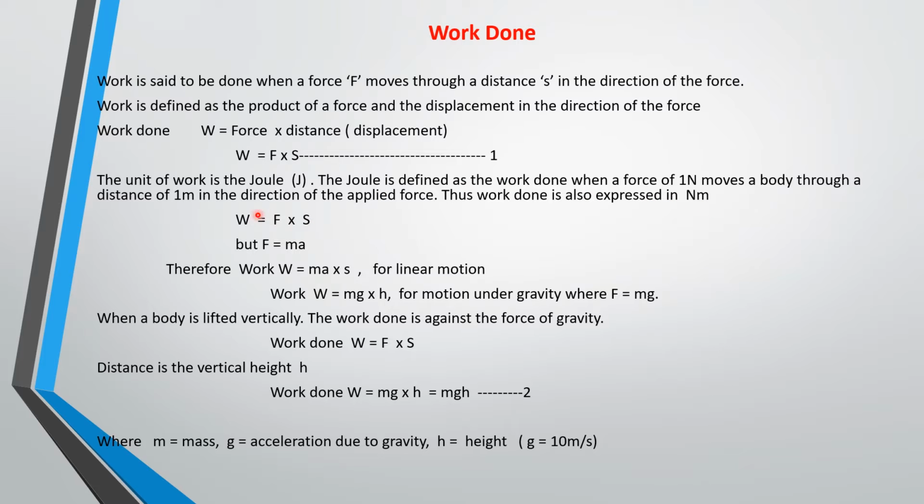We also want to remember that force is equal to mass times acceleration. From our previous class, force is equal to mass times acceleration. So if you substitute for force in the above equation, work done can also be written as mass times acceleration times distance.